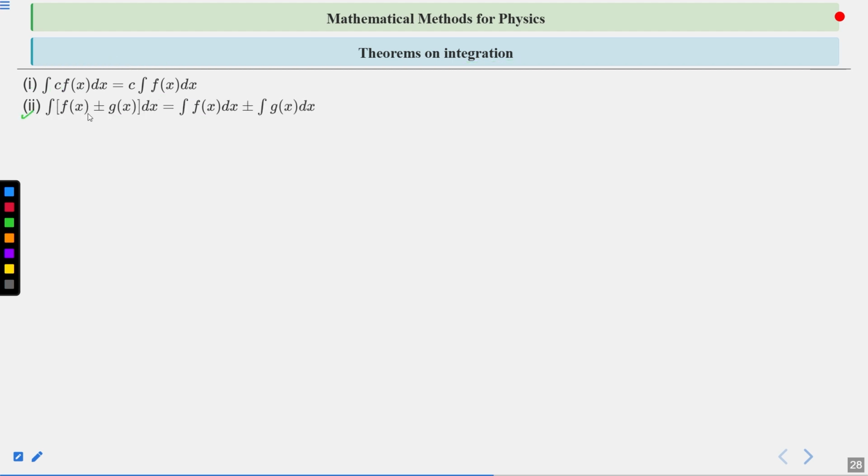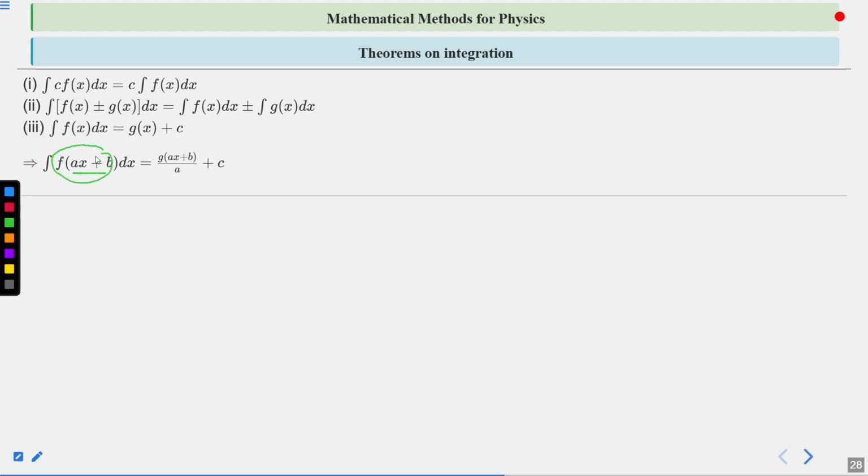Integration f of x plus minus g of x dx is equal to integration of the first function plus minus integration of the second function. Third, integration f of x dx is equal to g of x plus c, and integration of f of ax plus b dx is equal to g of ax plus b divided by a, plus c.